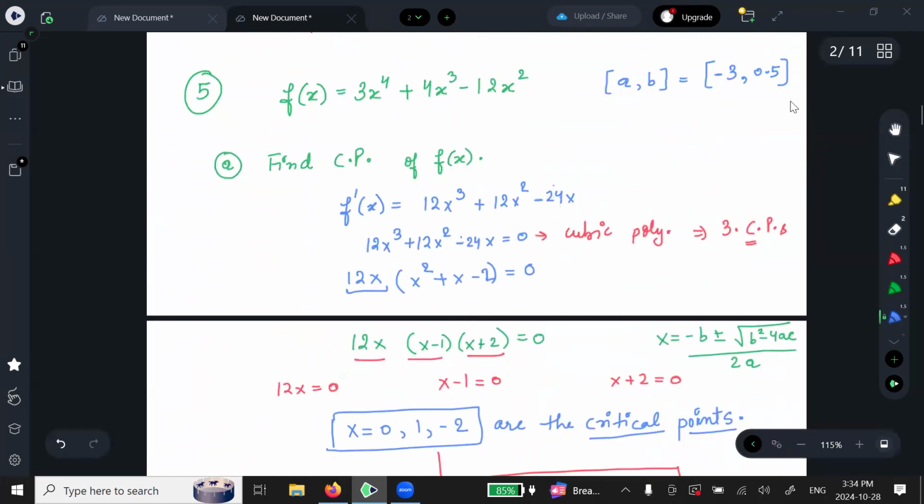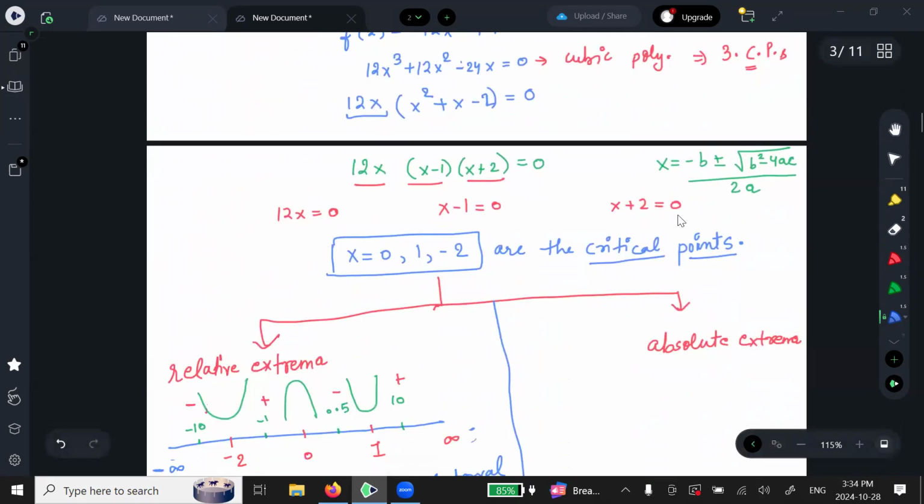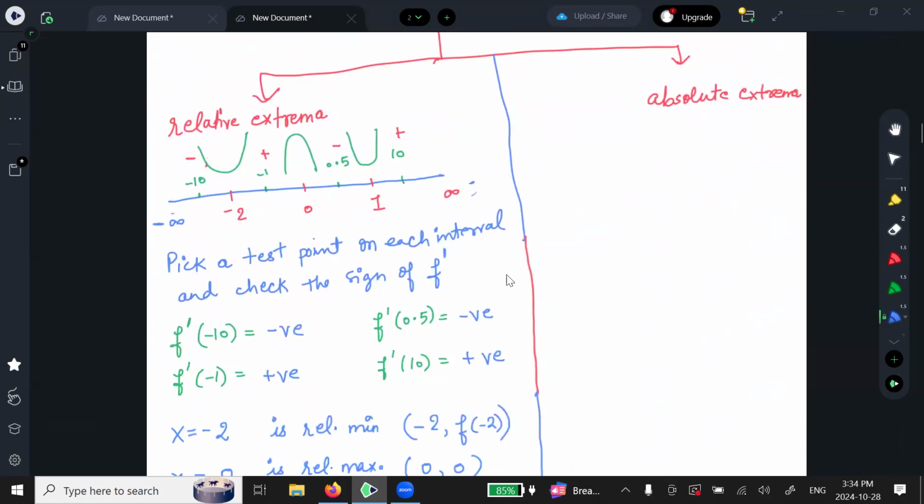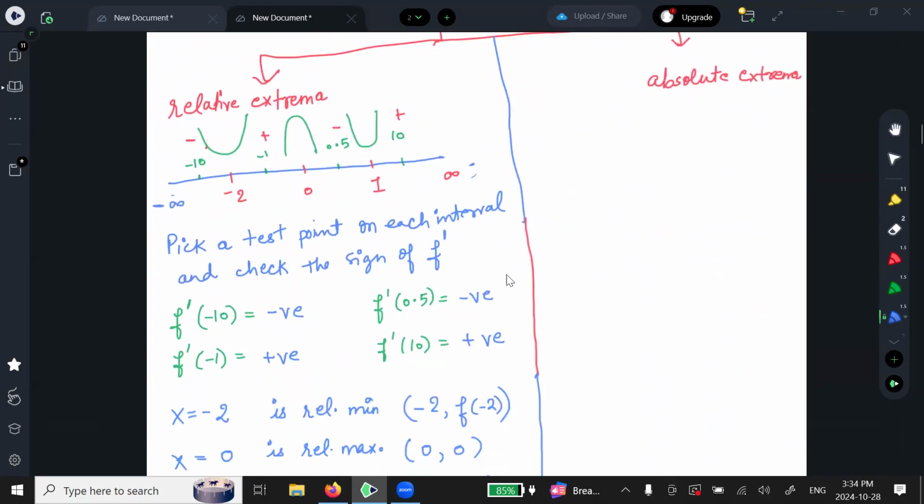Okay, we have to categorize our critical points as a relative max and min. But yes, you could ignore 1 here, but I just want to make sure that every question is the same. For absolute extrema, it's going to be easy peasy.